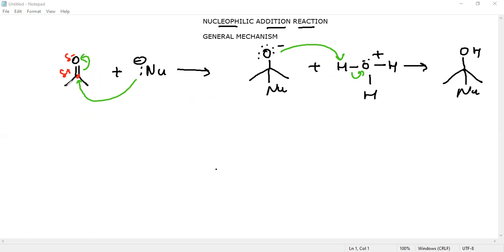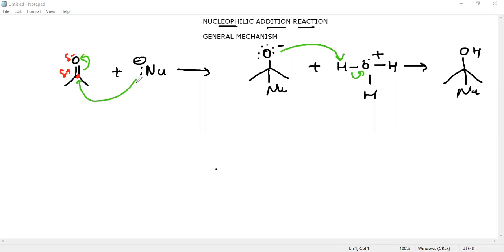Okay, let's see how. Let's say we have the carbonyl group here, C double bond O, in the form of this ketone. Since this carbon is bonded to oxygen, which is electronegative, the oxygen will bear a partial negative charge and the carbon will be slightly partial positive. What will happen if there is a nucleophile, which is an electron-rich species, in the vicinity of this carbonyl group?